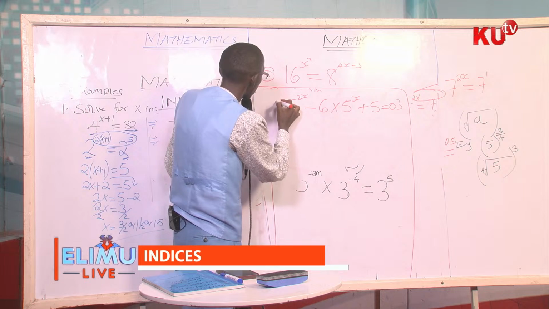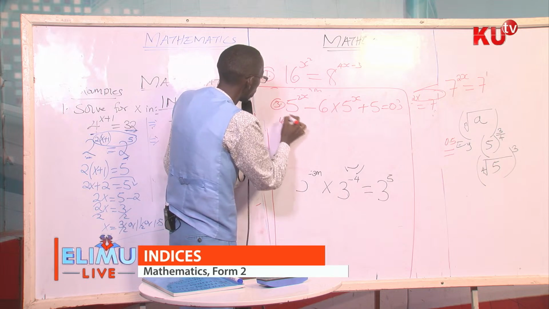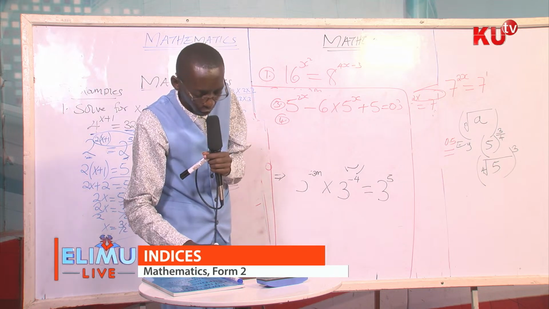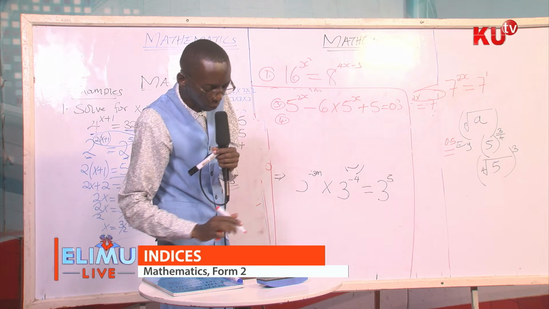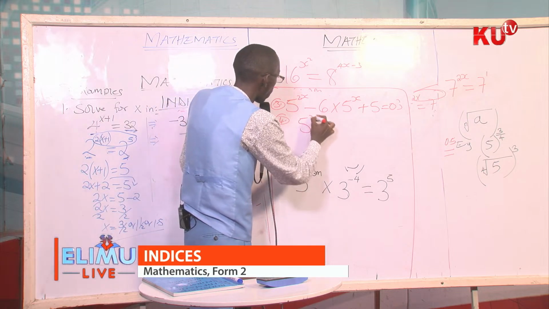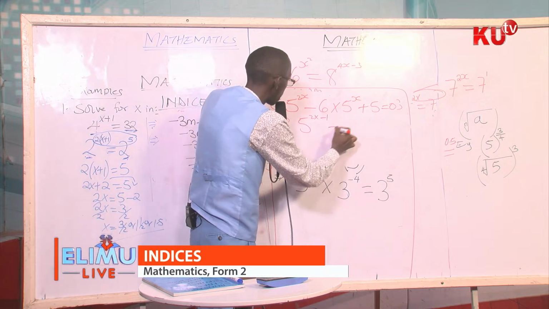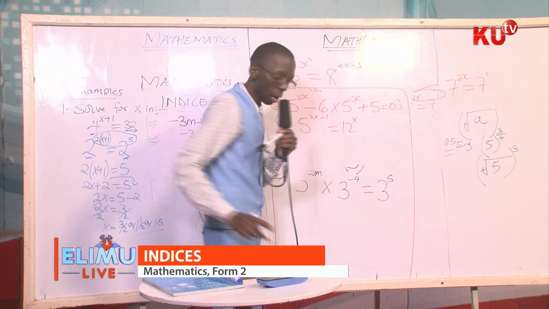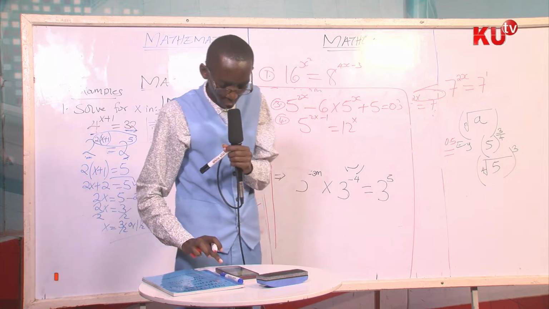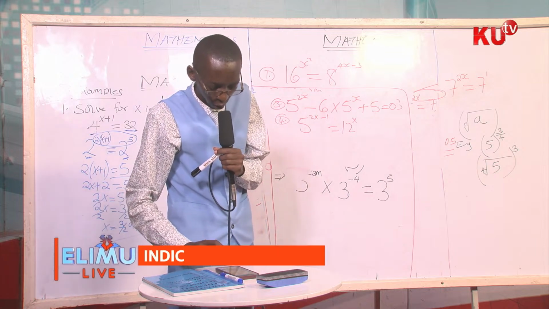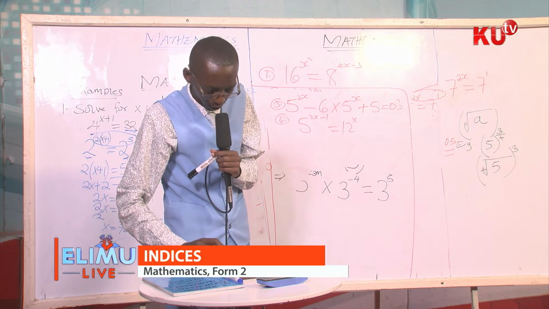This is number 3. I gave you number 1 and 2. Number 4: solve for x in the equation 5 to power 2x minus 1 is equal to 12 to power x.